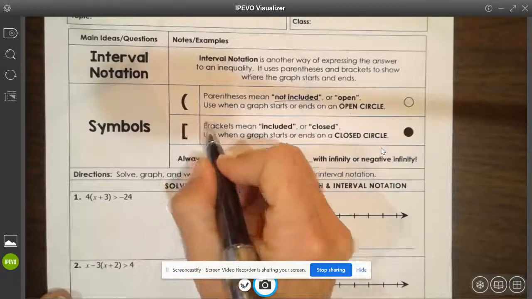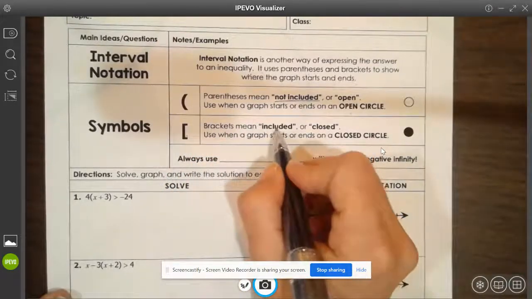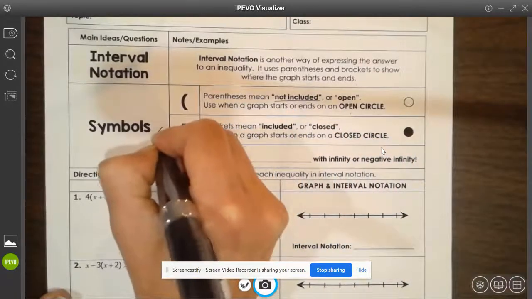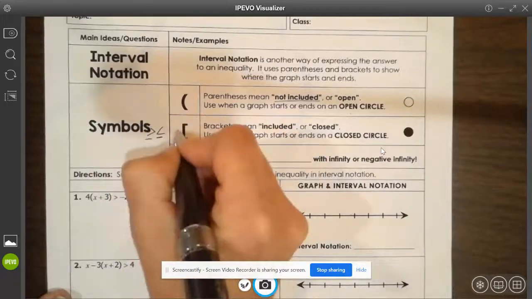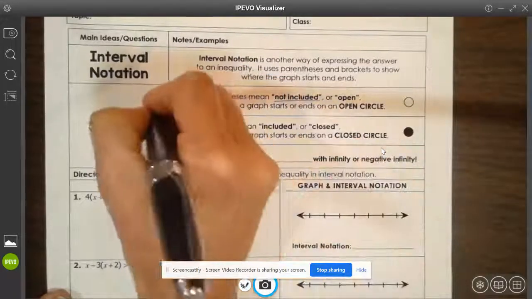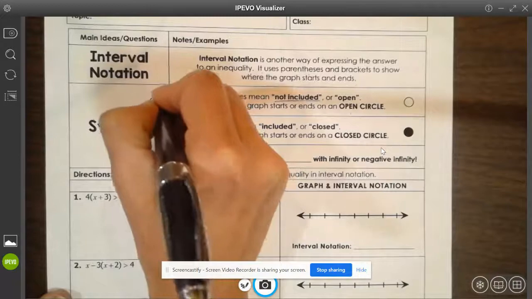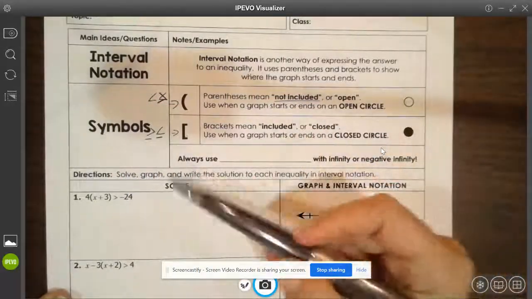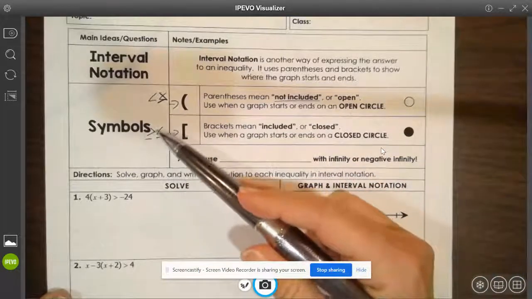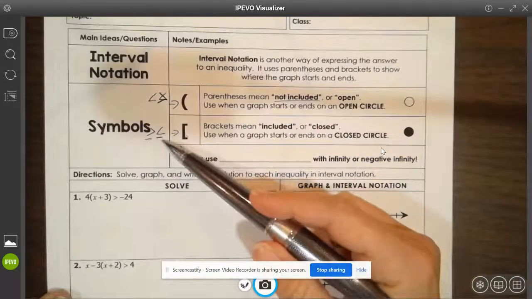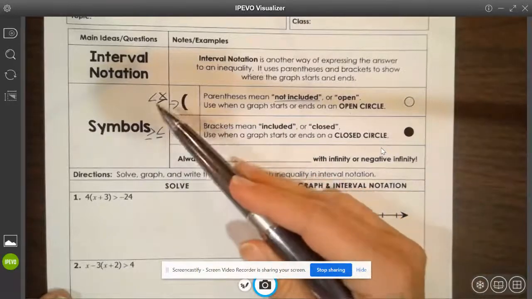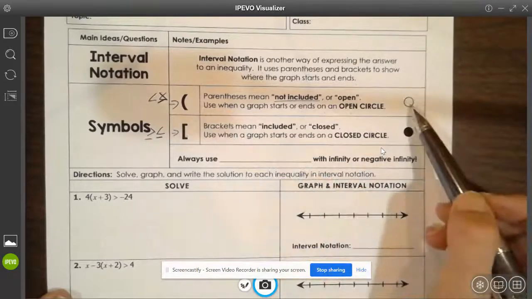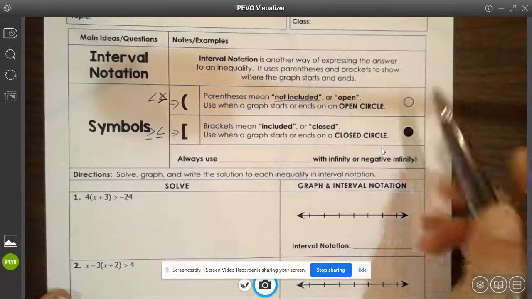Now, this is a bracket and it means that the number is included. So when we use the greater than or equal to, we use the brackets, and less than or greater than, we use the parentheses, okay? So very important. So for less than or equal to or greater than or equal to, we use the bracket, and for less than or greater than, we use the parentheses. It's gonna be an open circle here and a closed circle here.